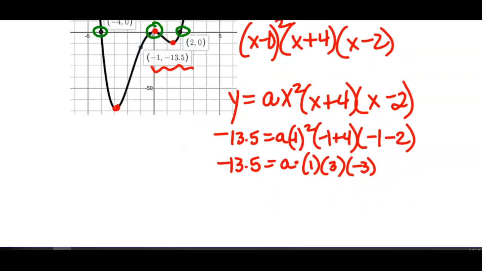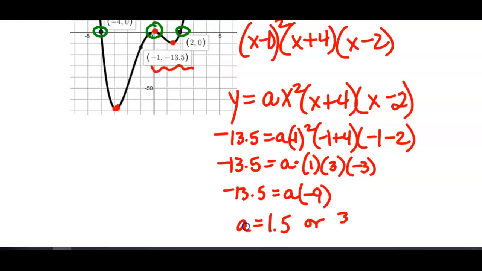So I have negative 13.5 equals a times, all that's a negative 9. If I divide, negative 13.5 divided by negative 9 is positive 1.5. Or you could have written it as 3/2, either way.